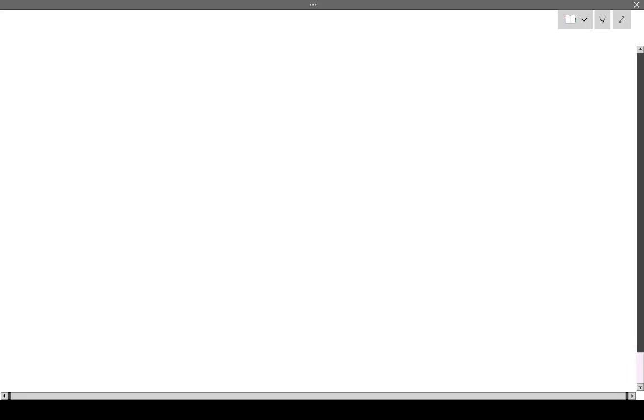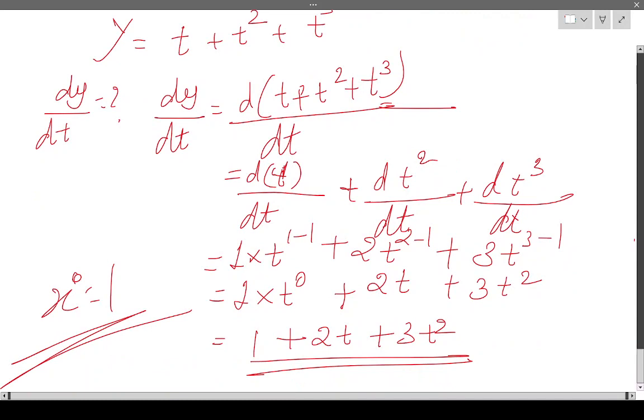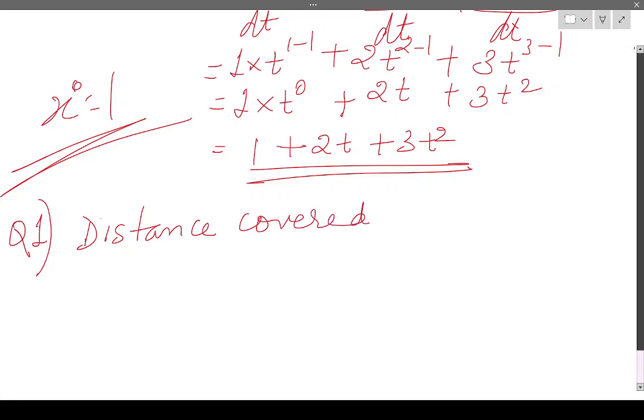Suppose the same question, this is speed. Let us assume randomly we will take a question. Question 1. The distance covered by an object, or let us take the distance covered by Ammavan.